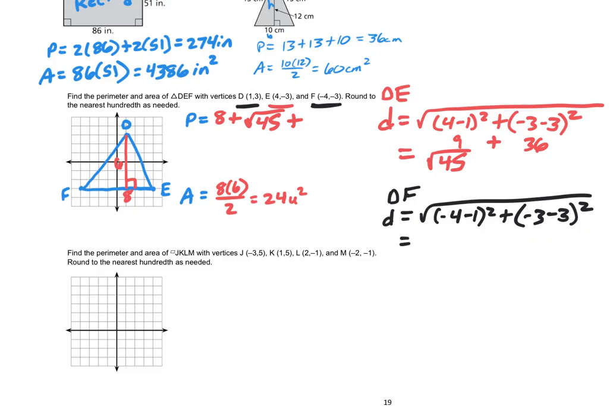Negative 4 minus 1 would be negative 5. Negative 5 squared would be 25. Negative 3 minus 3 would be negative 6. Negative 6 squared, 36. 25 plus 36 would be 61.